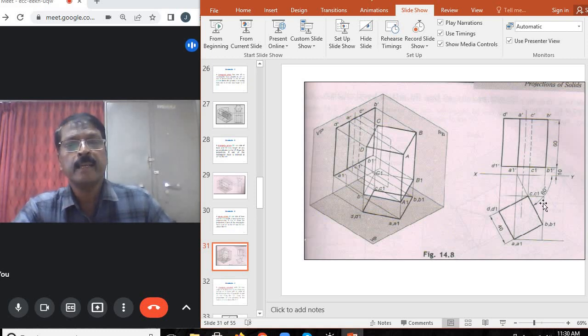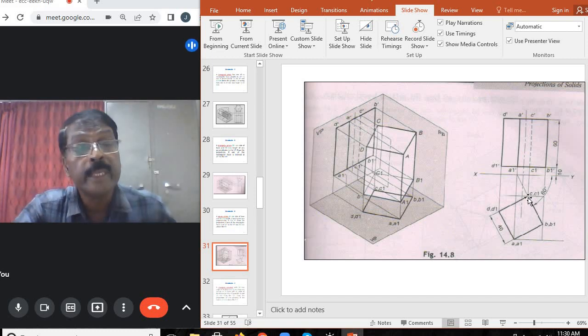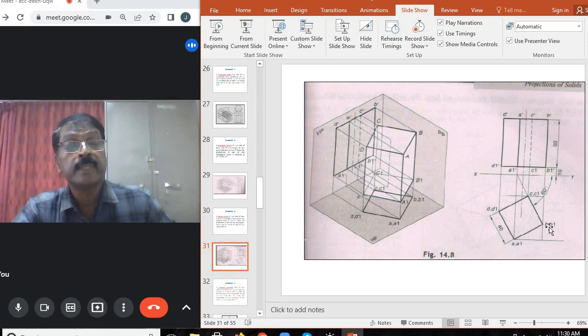Any inclination with the VP is seen in the top view. So while drawing the first edge of the top view square, make a 60 degree angle and draw a line from XY. On that line, take one edge like BC. Then with reference to this BC, making perpendiculars, complete the square in the top view.